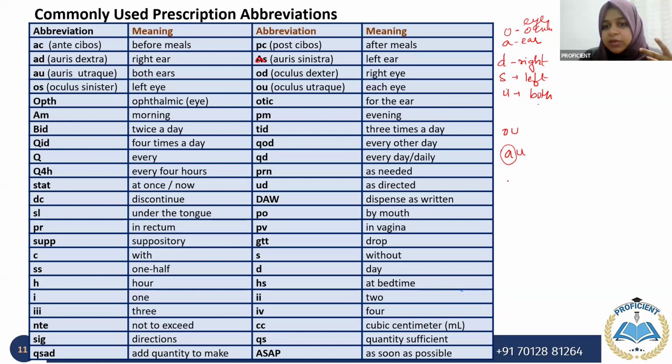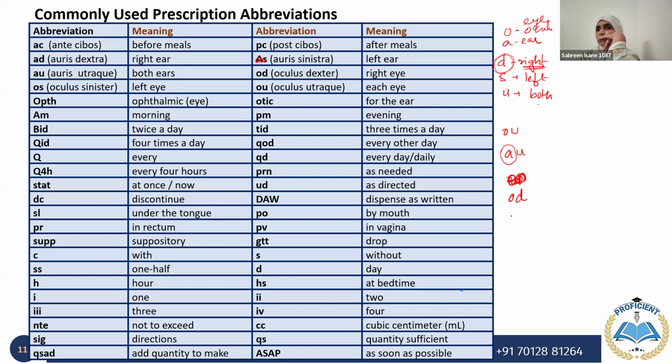Now, if it is OD, if you write it in capitals, OD means once in a day. Small od means oculus dexter, right eye. D, right eye. Clear?